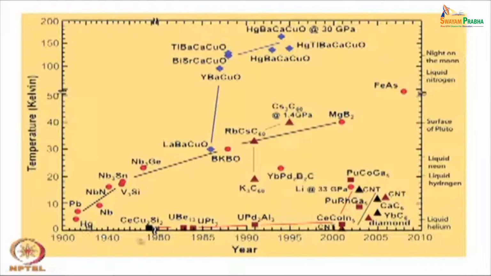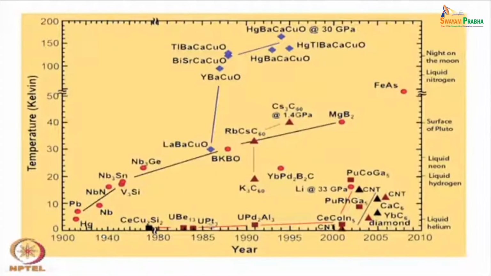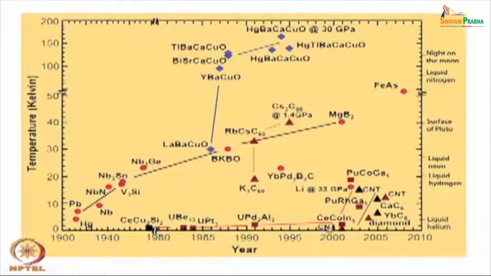And there is another group of materials which has also been discovered at different points of time, but their transition temperatures are very low. There is hardly any change within 5 degrees Kelvin.